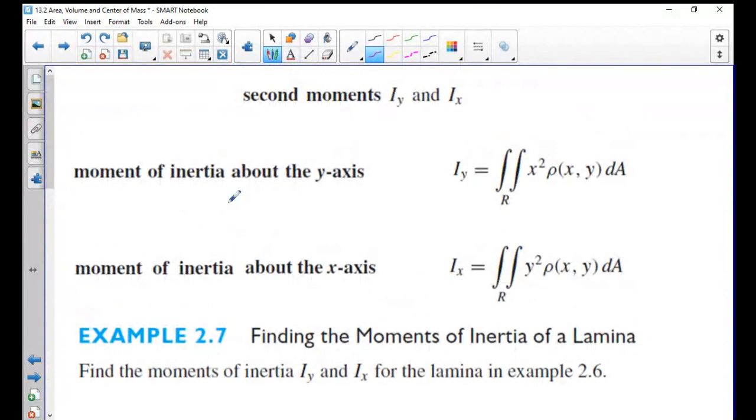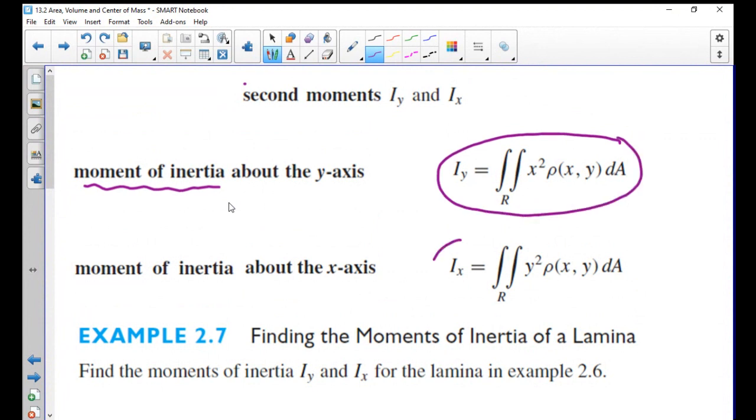After that we also have some physics quantities which are called the moments of inertia, which are given by these formulas. This is a measure of how easy you can rotate an object about the y-axis. So about the y-axis, you use x squared multiplied by the density.